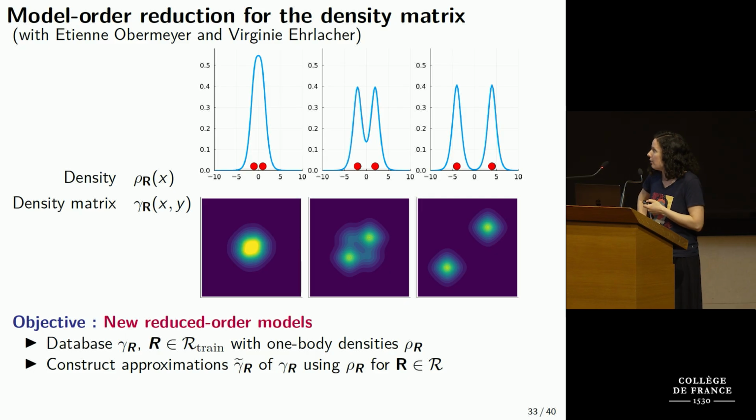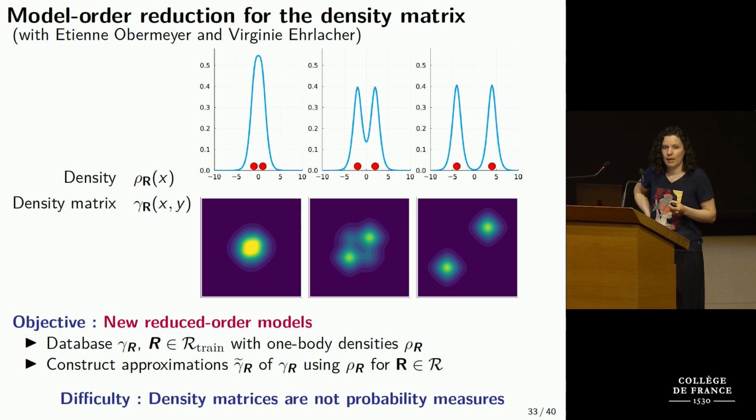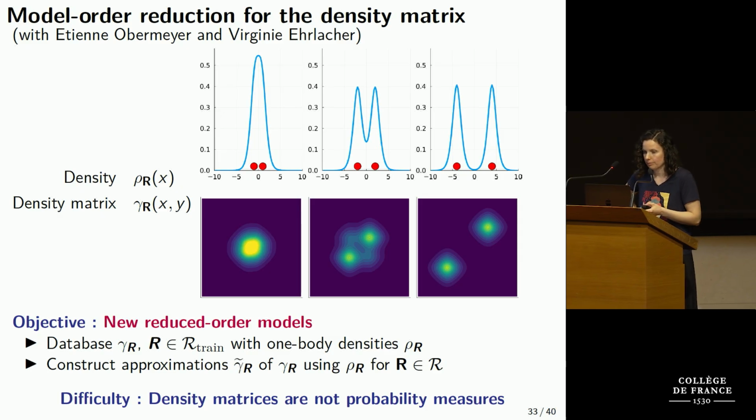We have a database of density matrices coming from a costly model, and we have the corresponding one-body densities, and we want to construct approximations using the density matrices. But a main issue that we have is that density matrices are not probability measures, so we cannot use the Wasserstein metric directly, and we have to find a way around.